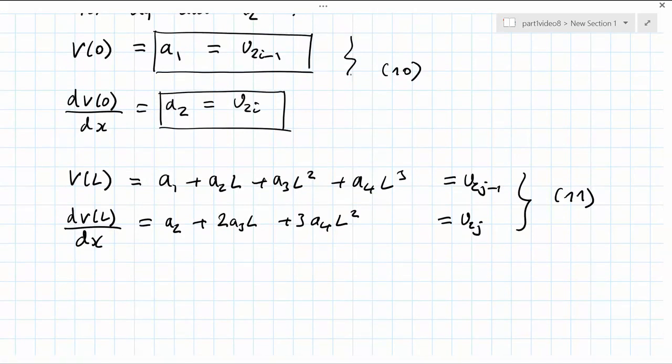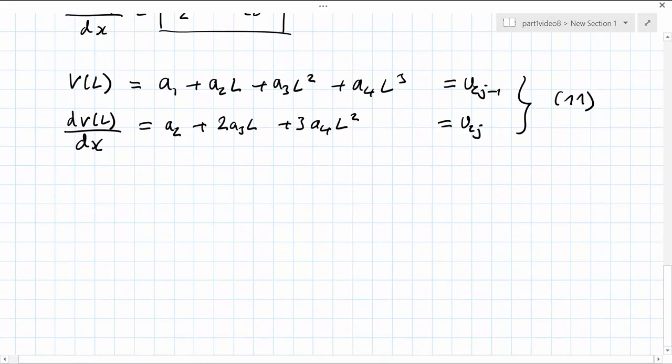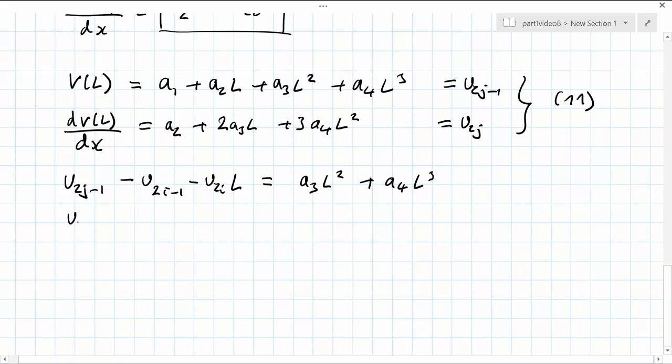So we can substitute these values for a1 and a2 into equations 11 and rearrange to get the following. u_2j−1 minus u_2i−1 minus u_2i times L is equal to a3 times L² plus a4 times L³. u_2j minus u_2i is equal to 2 times a3 times L plus 3a4 times L².